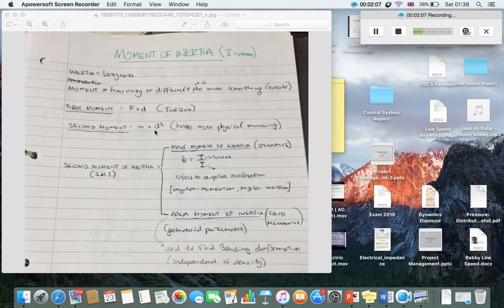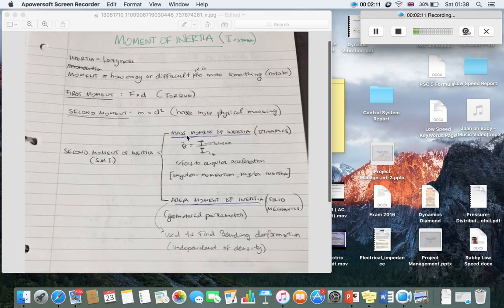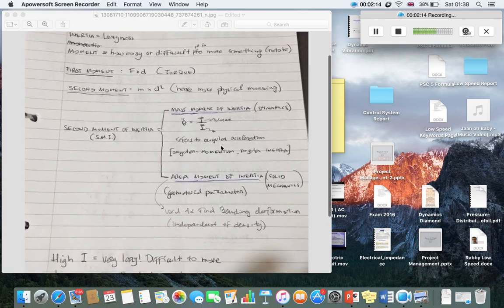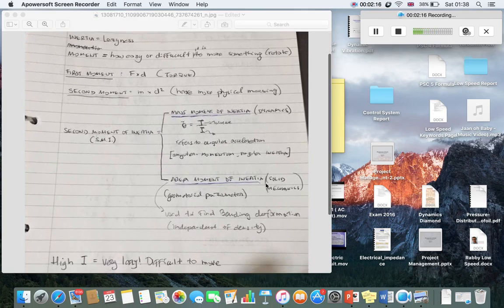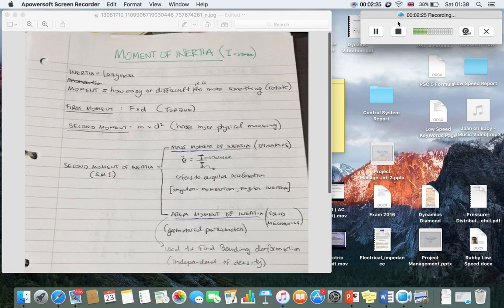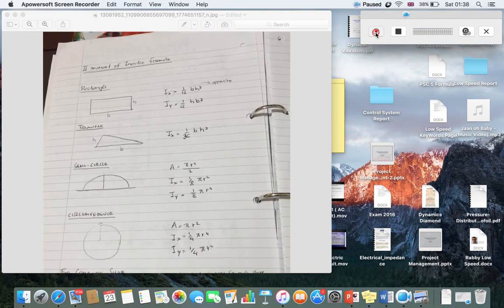And the second moment of inertia is mass times distance squared. So we just do mass times distance squared, and it has a more physical meaning. And in solid mechanics, we focus more on the geometrical parameter rather than the physical meaning, which is the angular acceleration. You have to know this for moment of inertia.